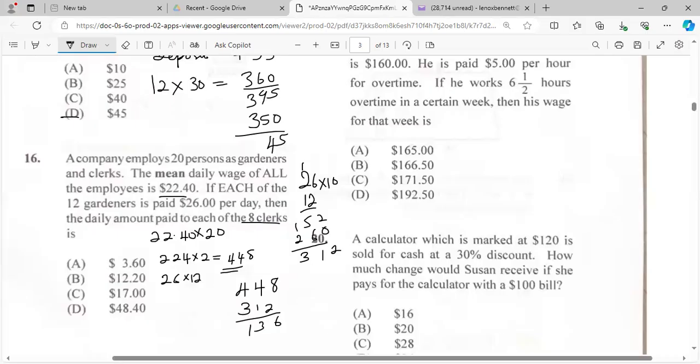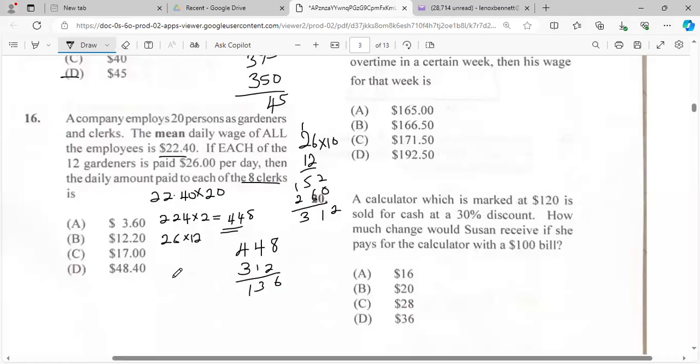That should give us the average for that. 8 into 13, 1. 8 ones 8. I need 5, 56. 8 sevens is 56. So that's $17.